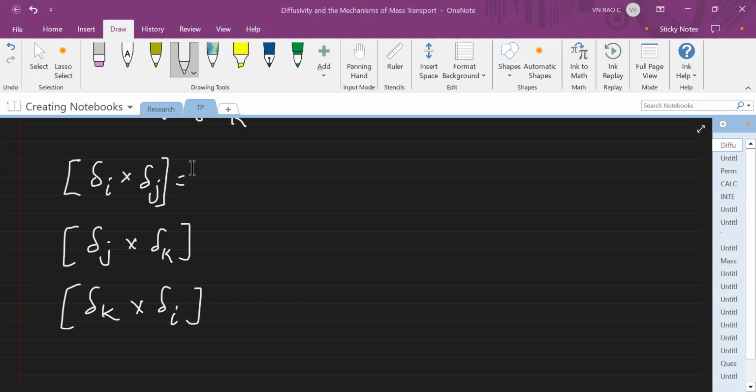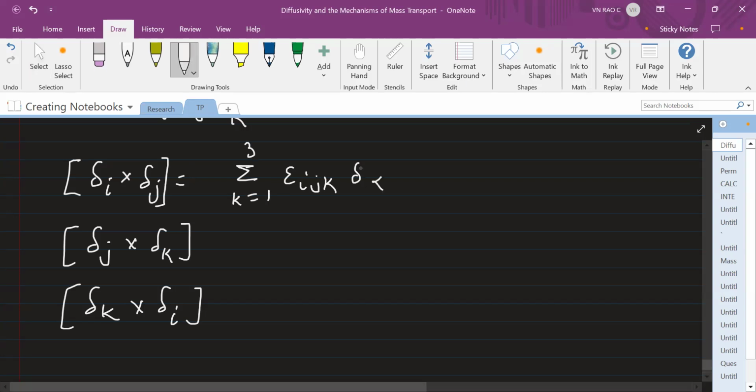Generally, the notation we write: delta i cross delta j is sigma k equal to 1 to 3 epsilon i j k delta k.